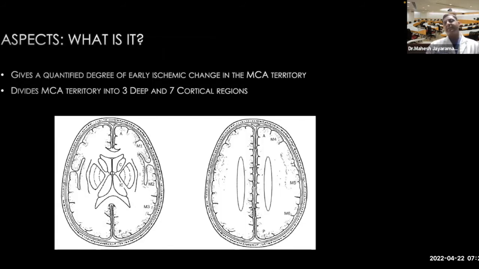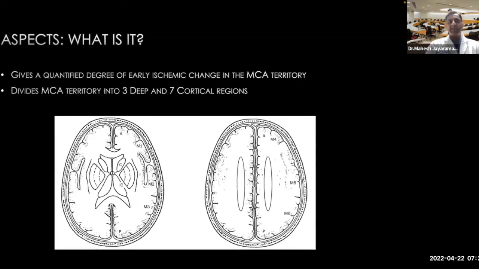So what is ASPECTS? ASPECTS stands for the Alberta Stroke Program Early CT Score. It was developed in Calgary, and it gives a quantified degree of the early ischemic change in the MCA territory.